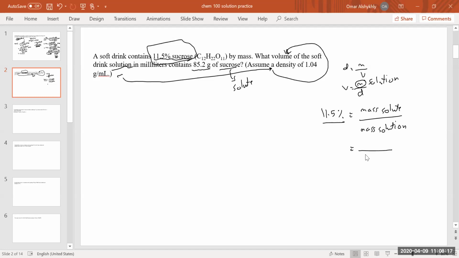Always the mass of solution is 100 because we have it as a percentage, and here will be 11.5. So the mass of solute represents the 11.5, and the mass of solution represents the 100. So we will use this as a conversion factor to calculate the mass of solution in this amount.